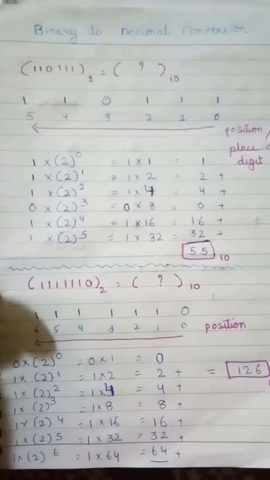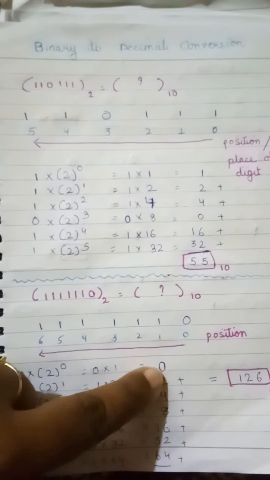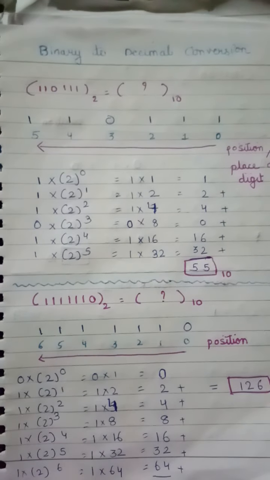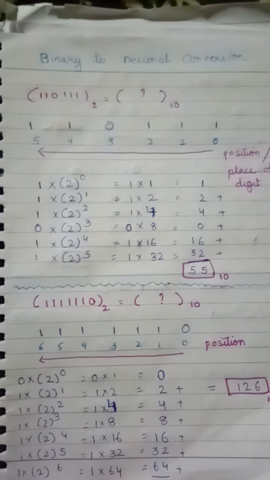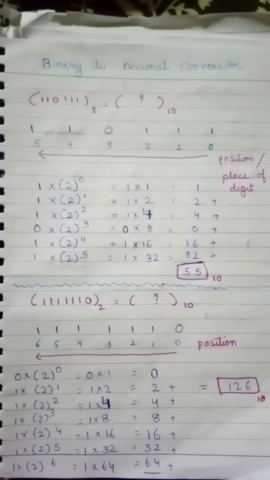Only my first digit is 0, so after multiplication I get 0. The remaining are 2 raised to 1, 2, 3, 4, 5 and 6. After adding all this, I get the answer as 126.